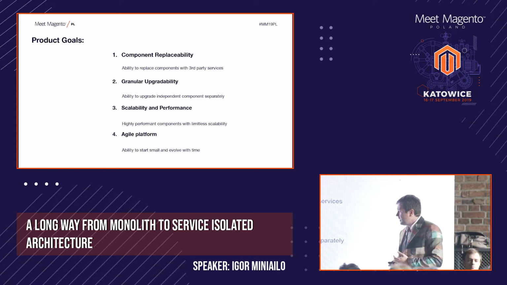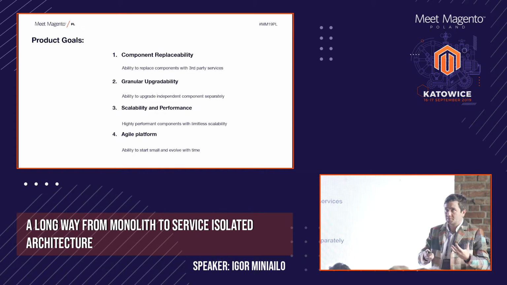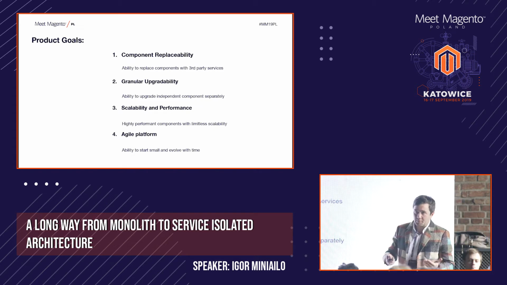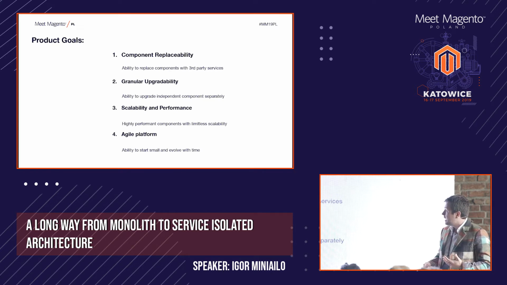And of course, we want to provide merchants an agile platform, so the merchant may start small and expand later on the same platform, without replatforming and a big redesign of all the infrastructure and the code base.